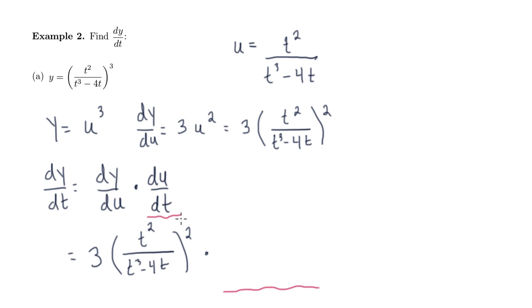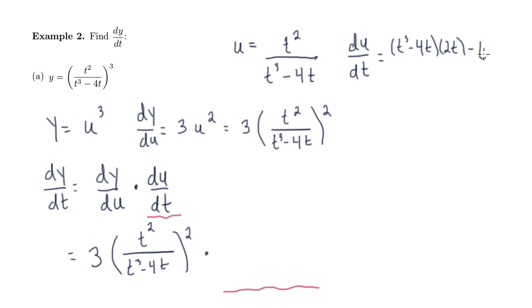du dt. So what is du dt? Well, this takes a little bit of work, but it's not too much work. U is a quotient of two polynomial functions. So du dt we should find by using the quotient rule. So du dt is going to be low d high, so t cubed minus 4t times 2t, minus high d low.